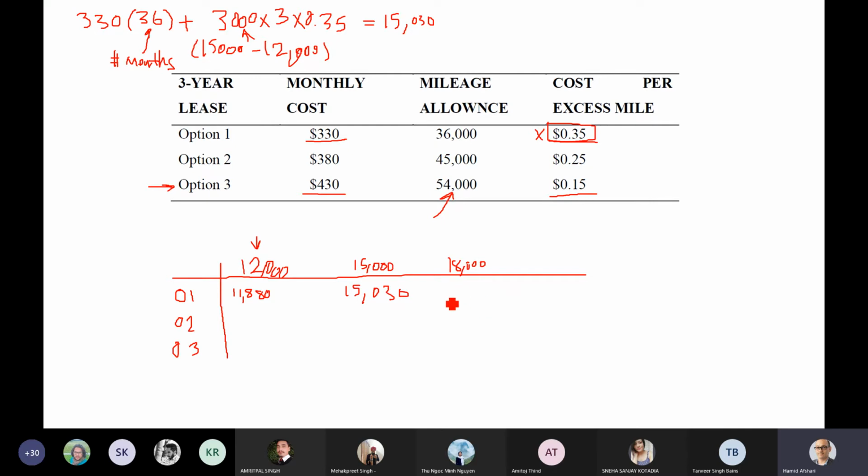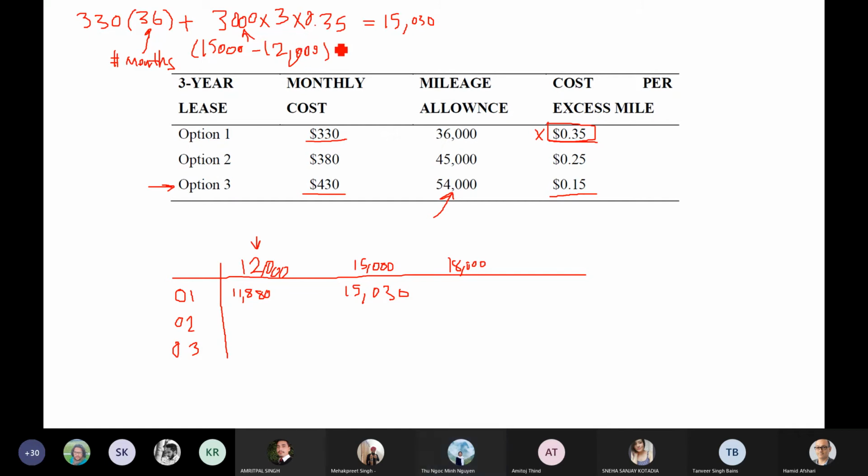And now I want to calculate this part. So what should I write here? The number here we need to take is 330 times 36 plus 9,000 times the extra mile, right?